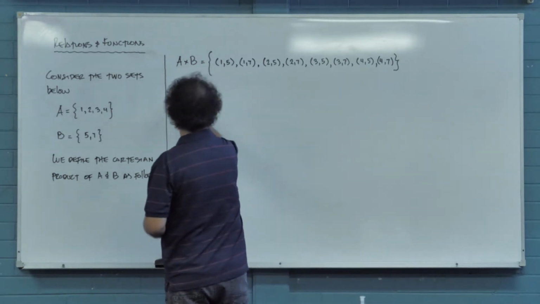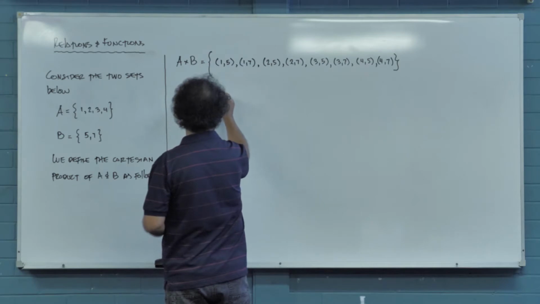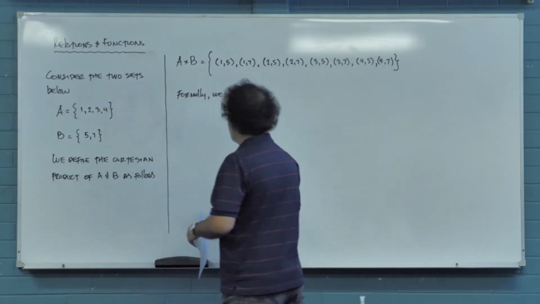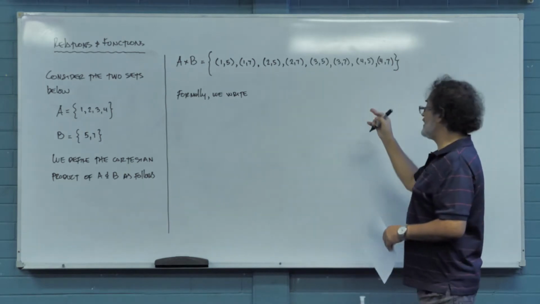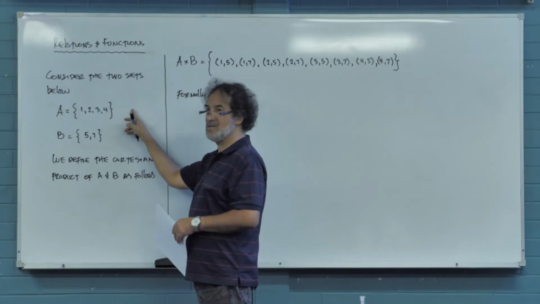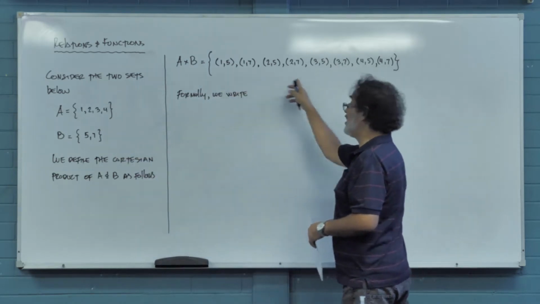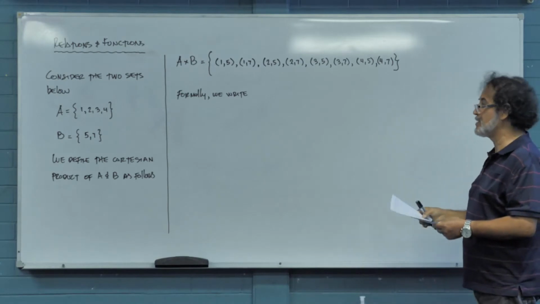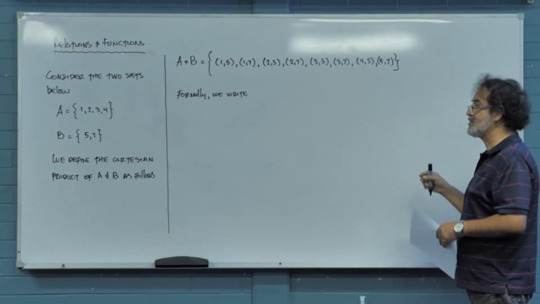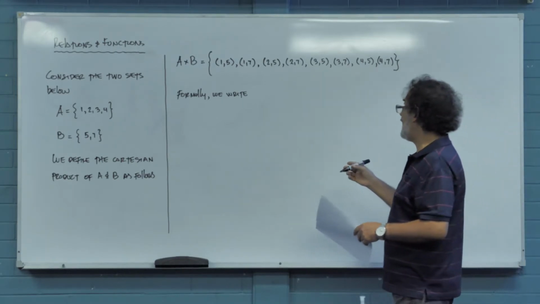Formally, we write. If you have more numbers, let's say 25 here and 35 there, you can imagine how many points you're going to have. That is not practical to explicitly write this set, but we're going to be using a formal notation.